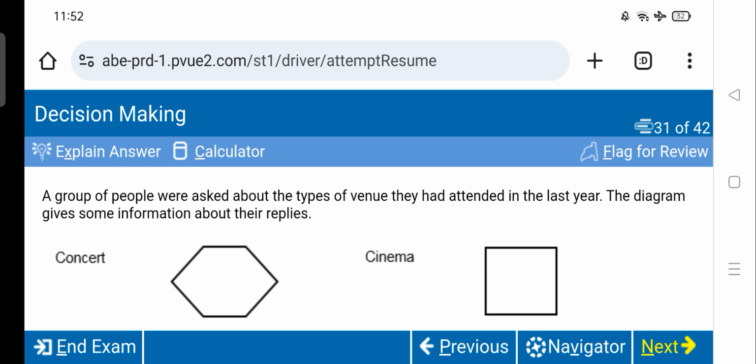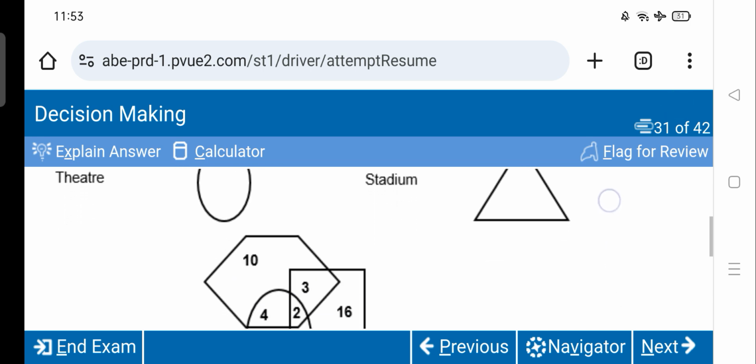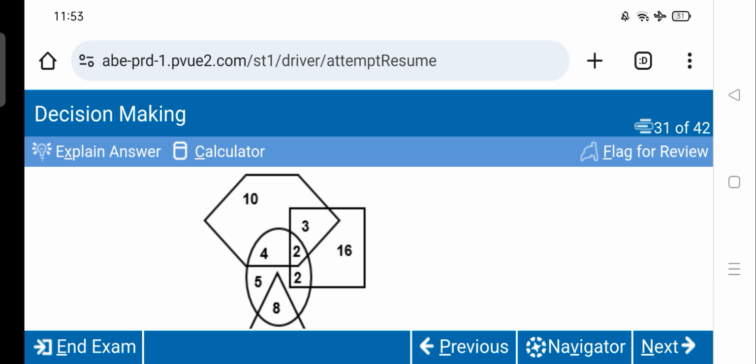First, we have concert, then cinema, theater, stadium, and then we have this Venn diagram of all these shapes.